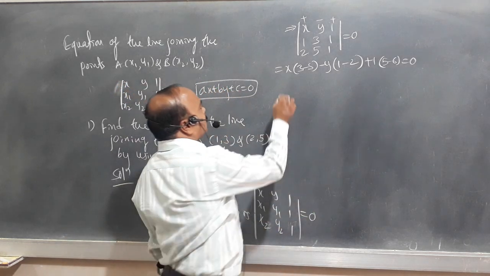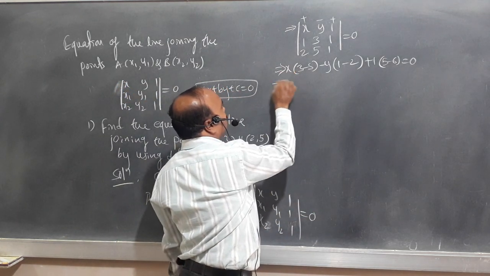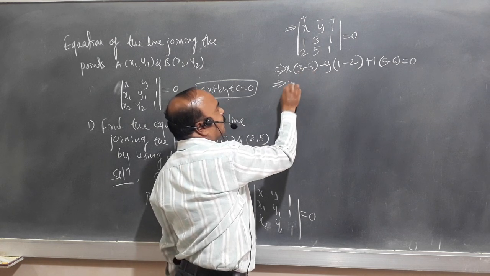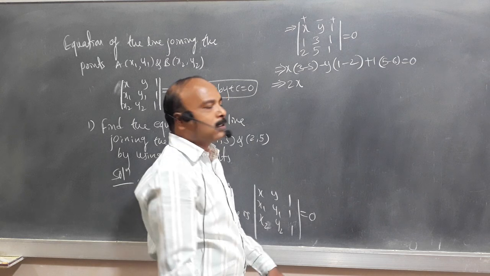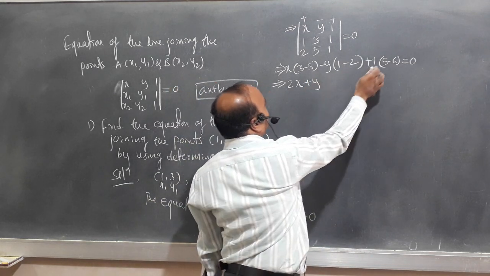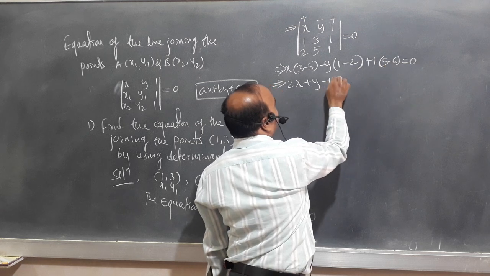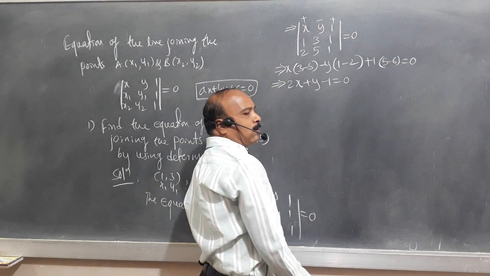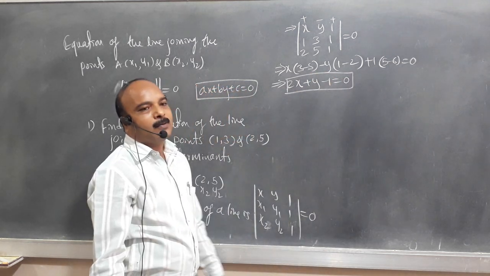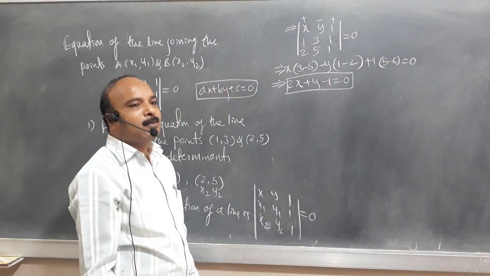Now by simplifying, 3 minus 5 is minus 2, so minus 2x, minus y into minus 1 is plus y, and 5 minus 6 is minus 1, equal to 0. So the required equation of the straight line is 2x plus y minus 1 equal to 0.